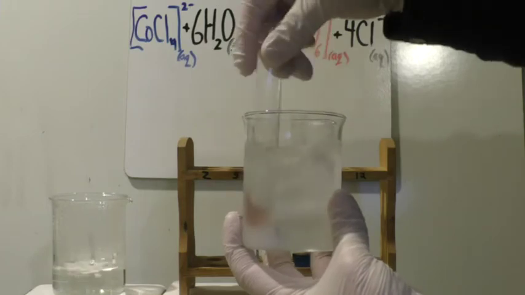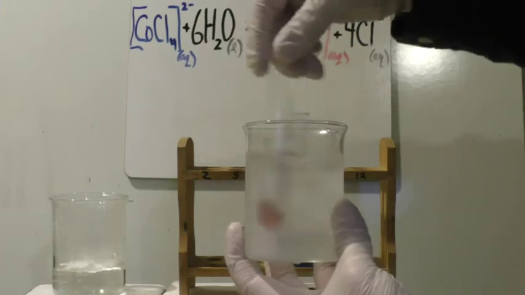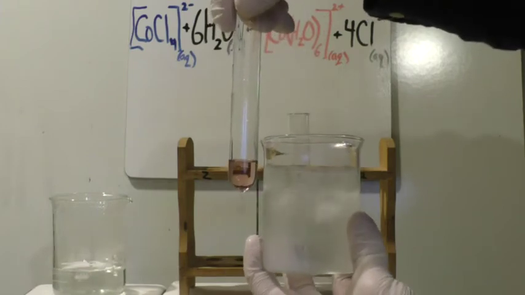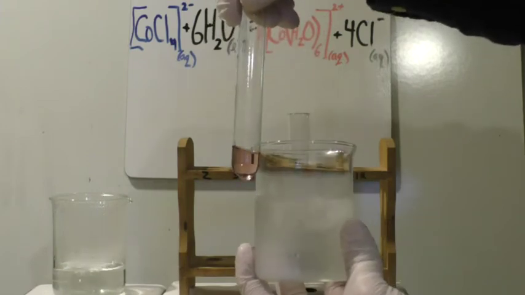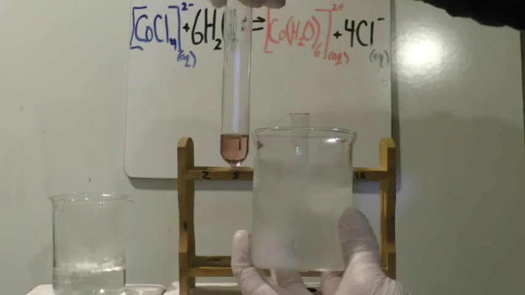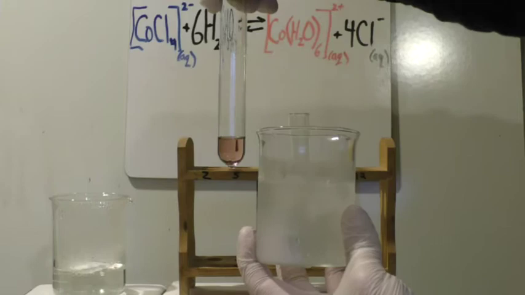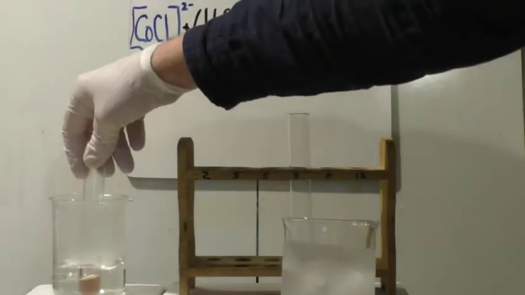So what I want you to think about is, is this reaction exothermic or endothermic based on the direction of shift? So just watch again. I'm at some position of equilibrium. I'm going to change the equilibrium constant by popping it in hot water.